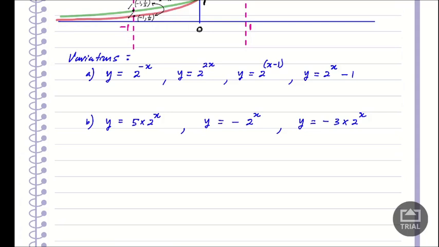Now you can see this x, which is the independent variable, is multiplied by minus. If that happens, this kind of variation we call reflection. So minus is associated with x by multiplication. This other kind of variation we call dilation.